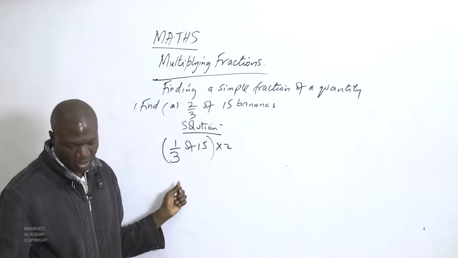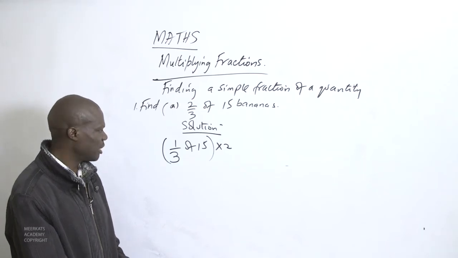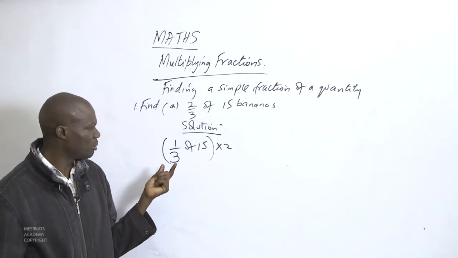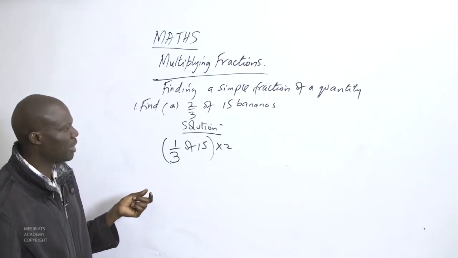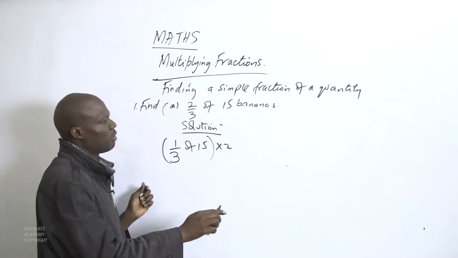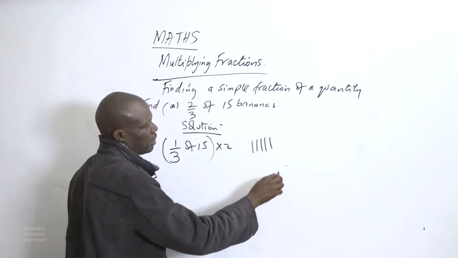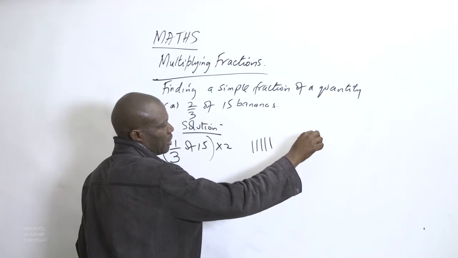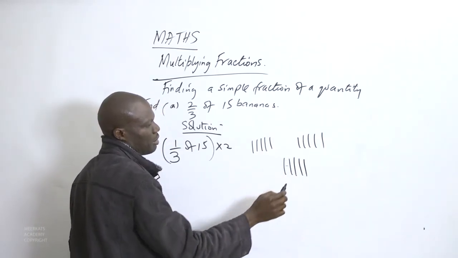Now we have got 15 bananas. If we are to group them so that we have a third, then we find that we shall group the bananas in groups of 5. Taking for example, those are my bananas. So we shall go in groups of 5.